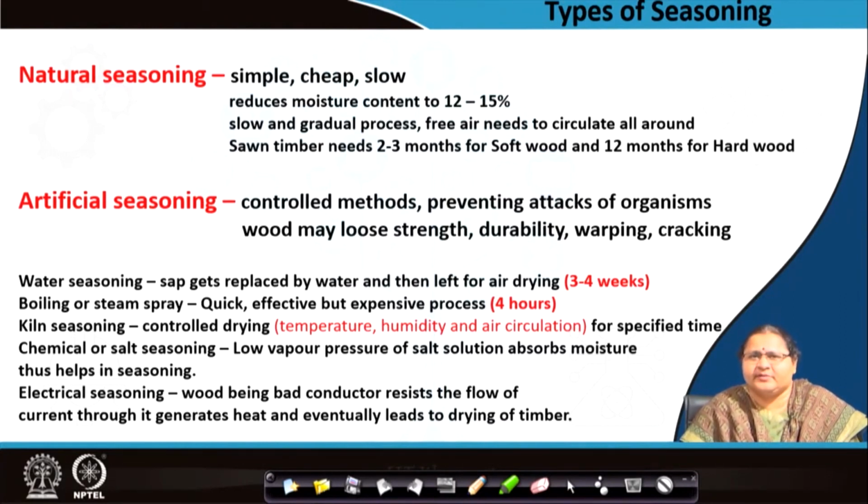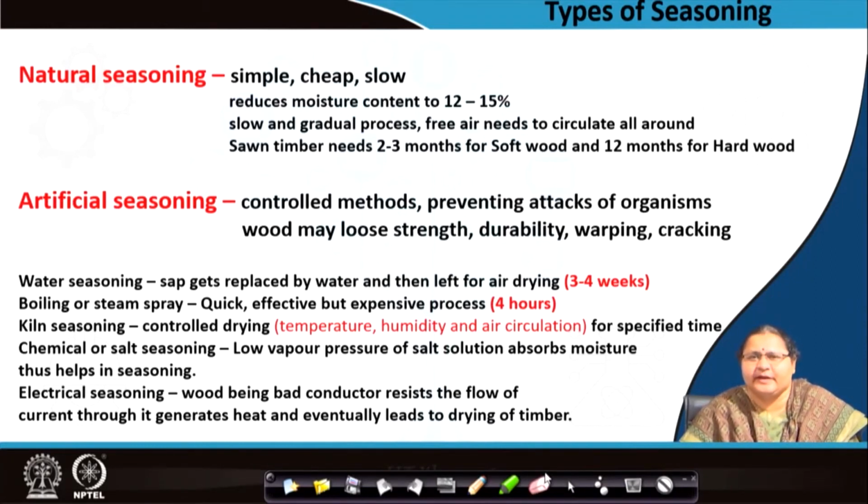So, everything can be controlled, and here there is no external water. What you saw in the other two processes, water seasoning and boiling or steam spray, there you are allowing the water to enter to replace the sap, but in clean seasoning the water is being extracted out.